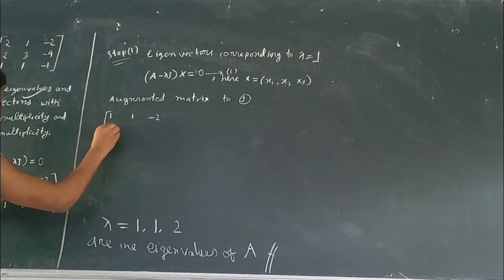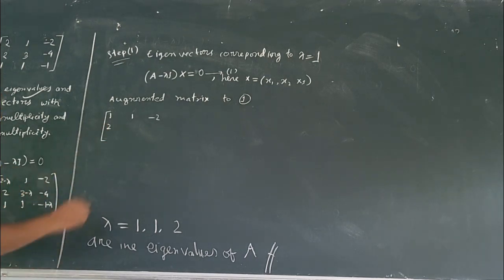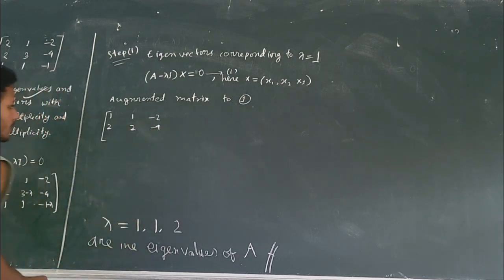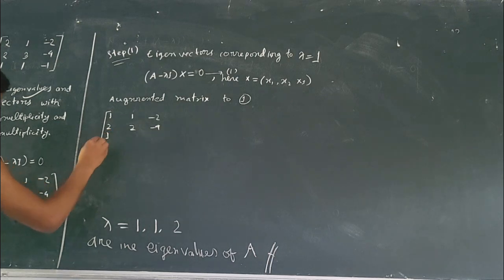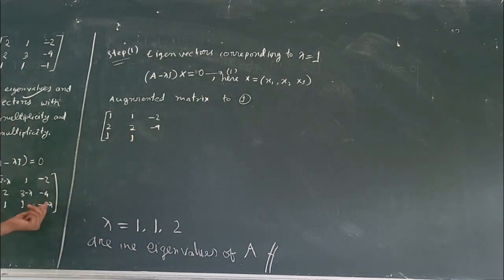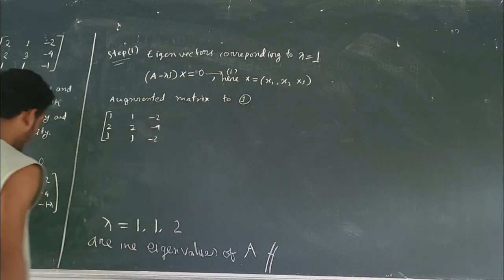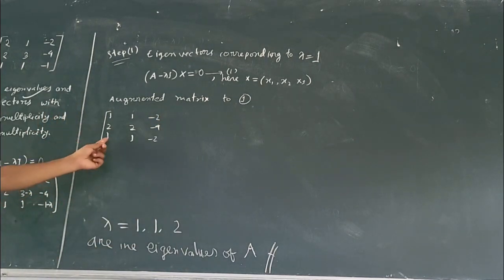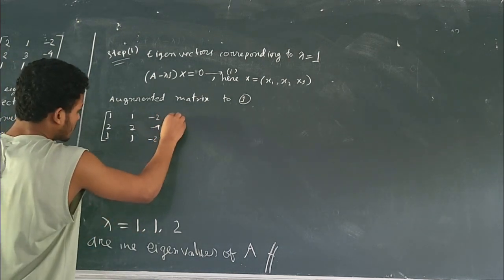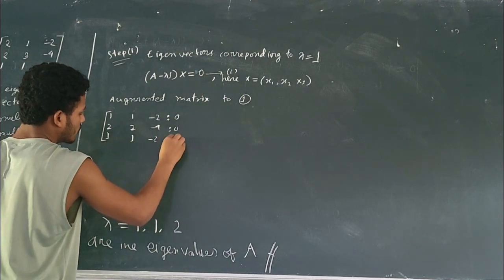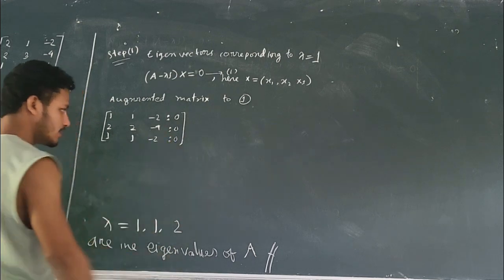And this is 2, put here 2. 3 minus lambda will be 2. This is minus 4. And this is 1. This is 1. And this is minus 1 minus lambda. That means when lambda is equal to 1, minus 1 minus 1 will be minus 2. So this is A minus lambda I we have obtained by putting lambda is equal to 1. Then since it is an augmented matrix, it will be 0, 0, 0.